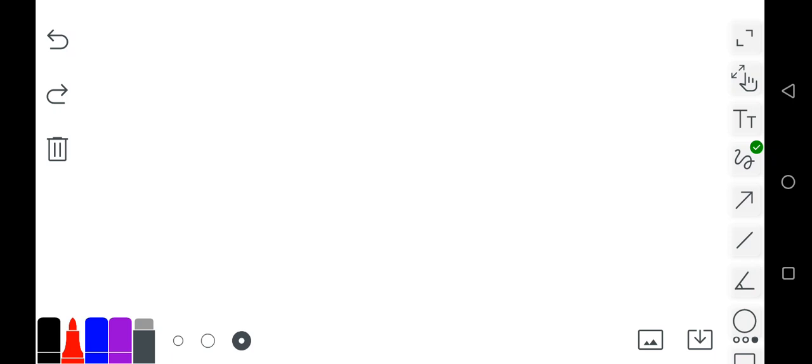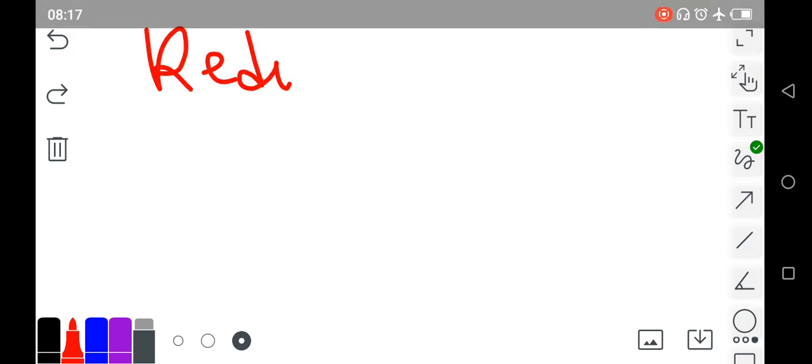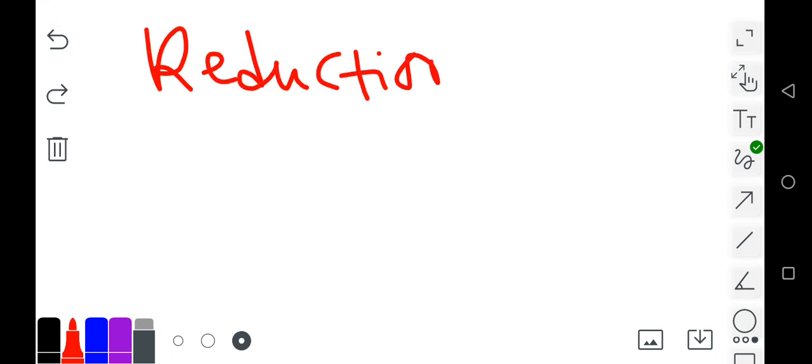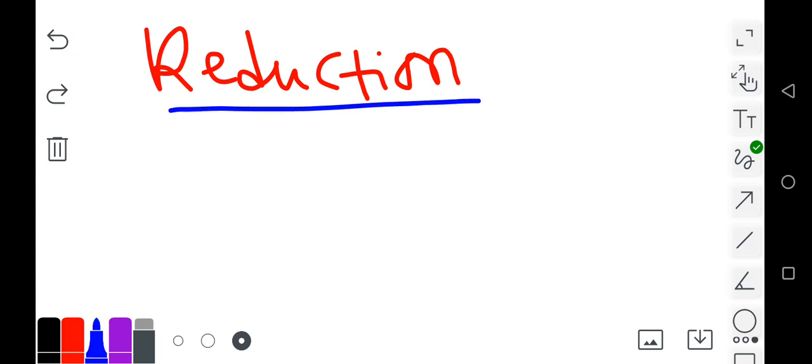Okay, now apart from oxidation, we also have what is called reduction. Reduction is the opposite of oxidation. So what is going to happen now?